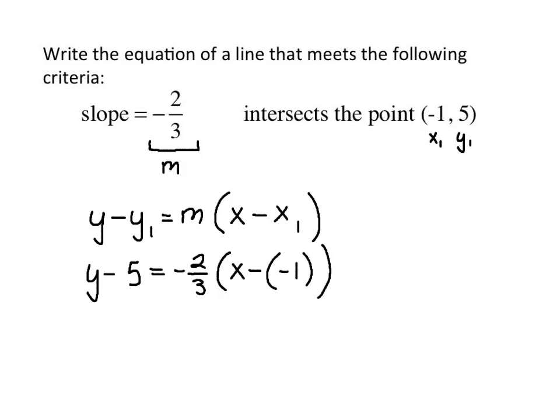And just as a reminder, when we subtract a negative, what we're really doing, right here with this minus a negative 1, is we're actually adding a 1. So subtracting a negative really turns to a positive. So to rewrite our equation in its final simplified form, we have y minus 5 equals negative 2/3 parentheses x plus 1. And that would be our simplified point-slope form of the equation right here.